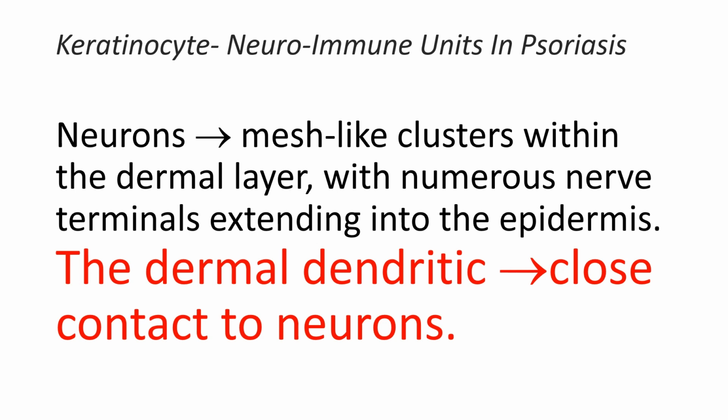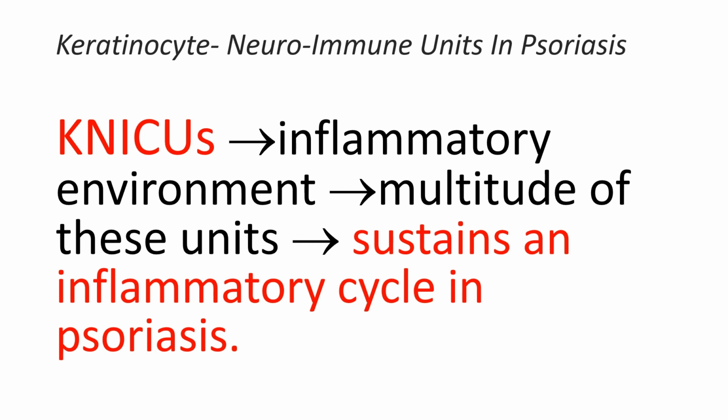The dermal dendritic cells are in close contact with neurons, suggesting that neurons may regulate the functions of dendritic cells. To conclude, in the epidermis, the presence of keratinocyte neuroimmune cell units might play a role in creating an inflammatory environment where multiple of these units interact, thereby fostering an environment that sustains an inflammatory cycle in psoriasis.